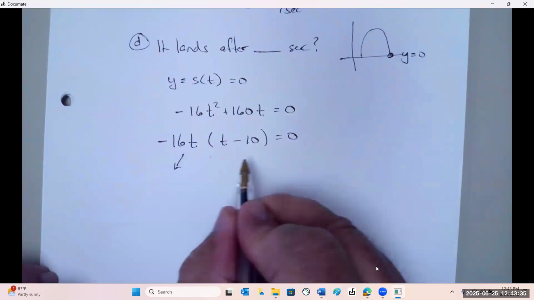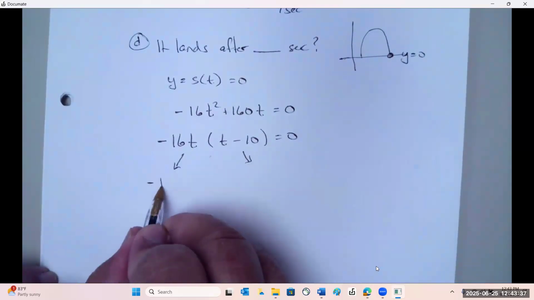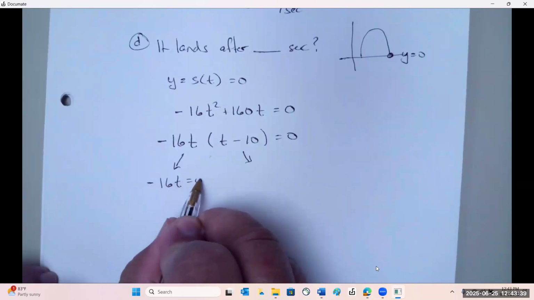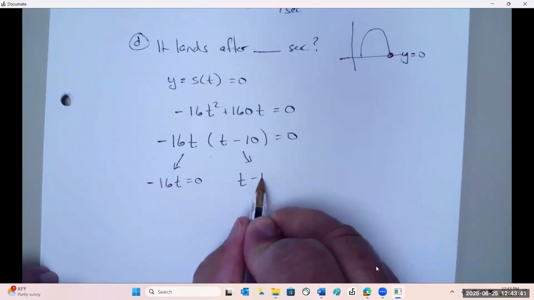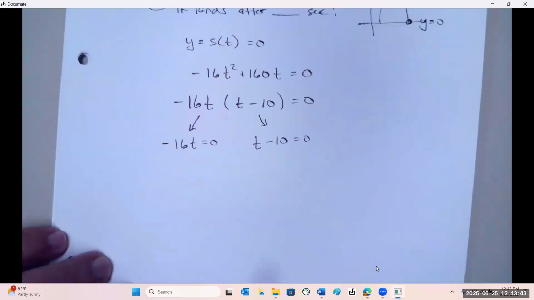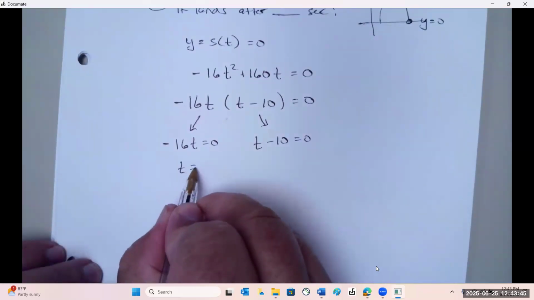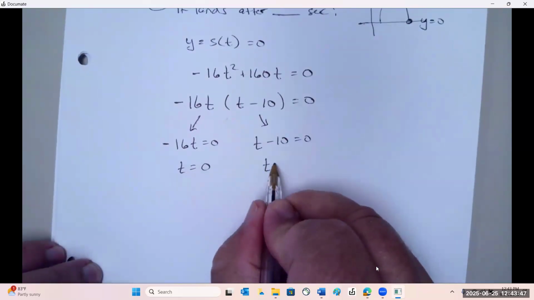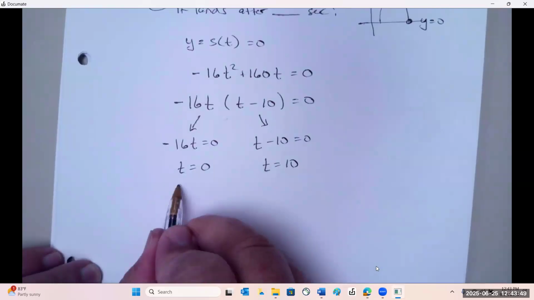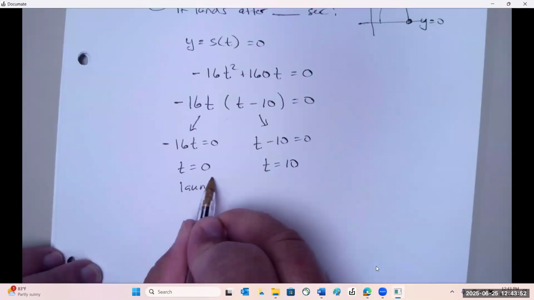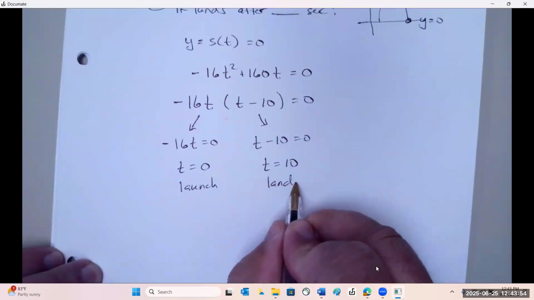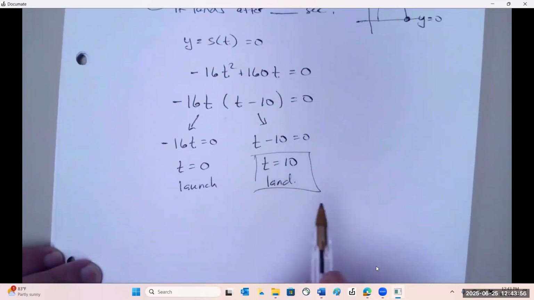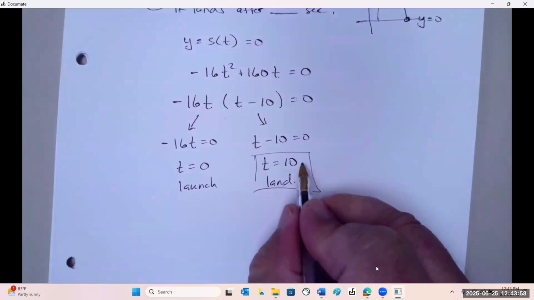So set those both equal to 0. This is the launch, and this is the land. So it'll land after 10 seconds.